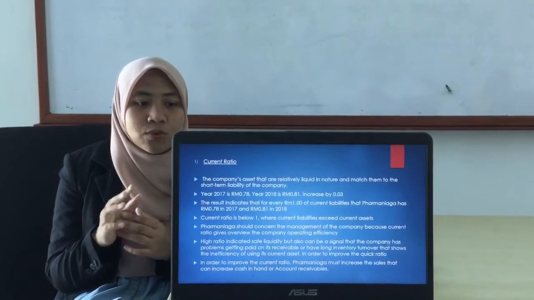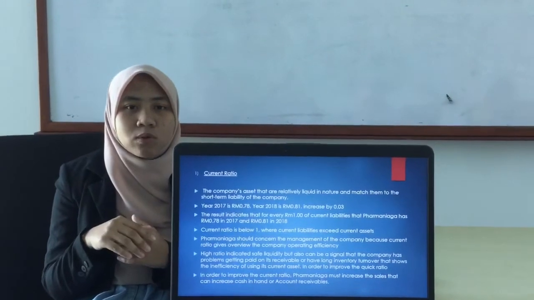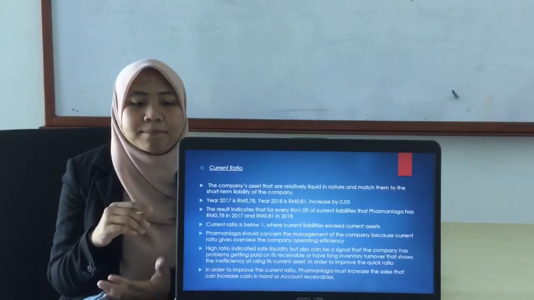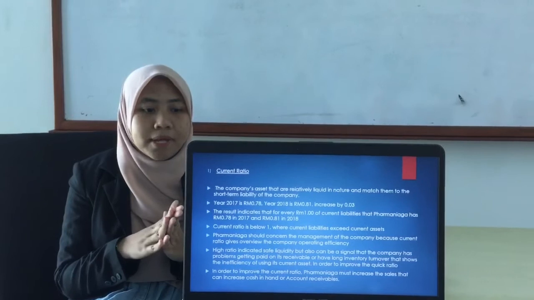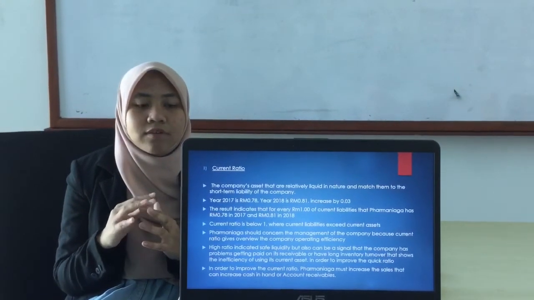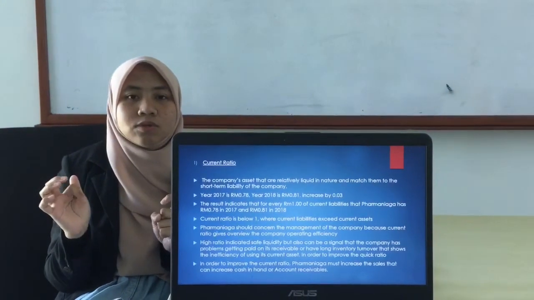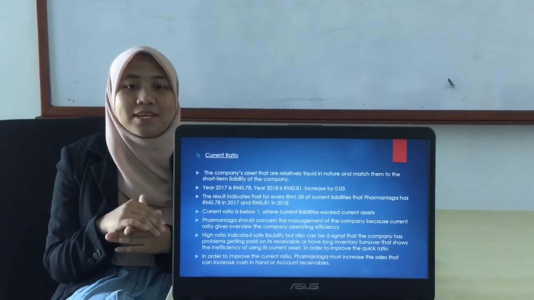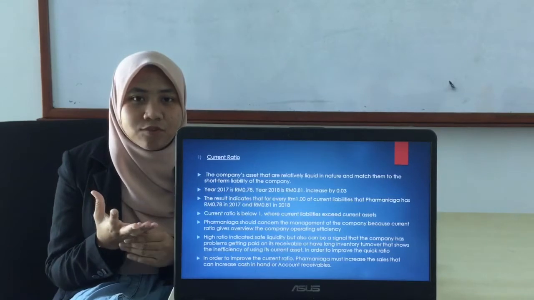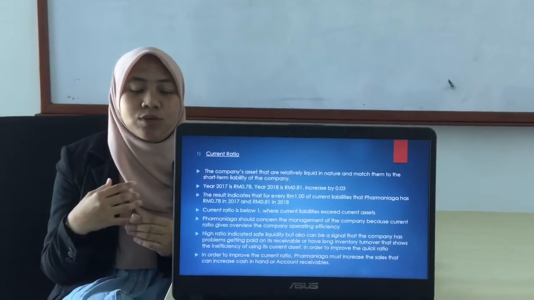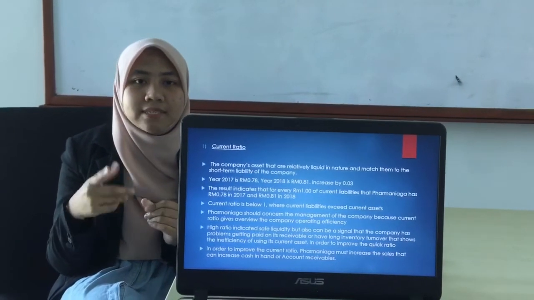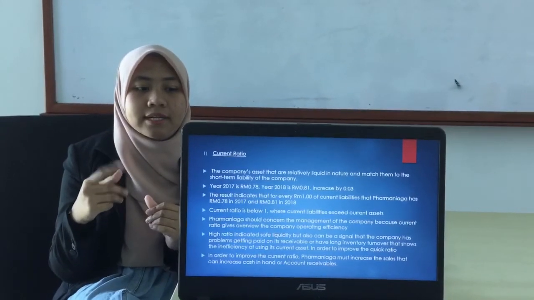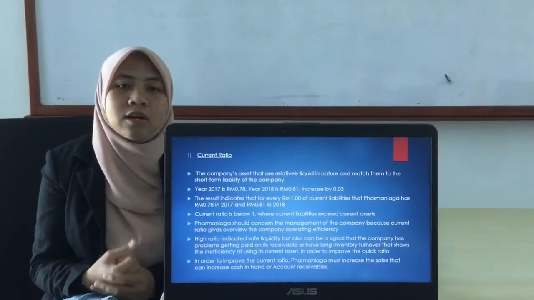A high ratio indicates safe liquidity, but can also be a signal that the company has problems getting paid in receivables or has long-term inventory, which shows inefficiency in using its current assets. As a recommendation, in order to improve the current ratio, Pharmaniaga must increase sales, which can increase cash in hand and accounts receivable.